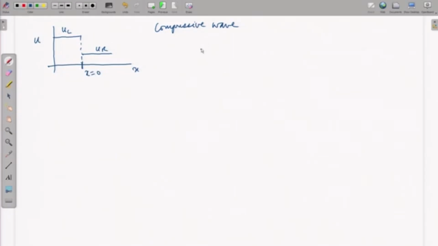So, what we have done is that U at x, 0, so this is t equal to 0 essentially, is equal to U_L if x is less than 0, and this is U_R if x greater than 0.